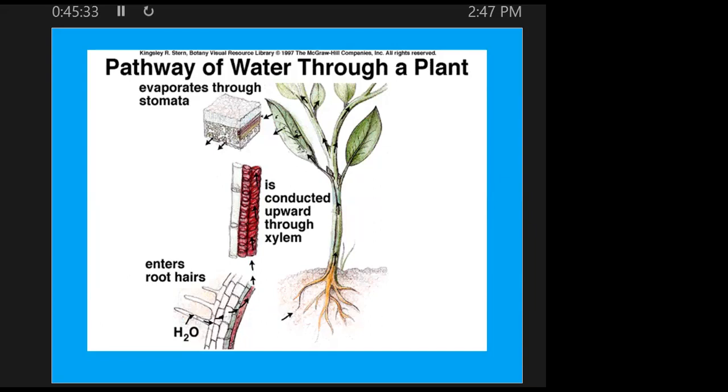And so that whole process, we're going to think about what's causing that to happen. Bringing it into the roots is one thing, but how does the plant get that water all the way up to the leaf, which is pretty considerable when you think about giant redwoods or giant sequoias?